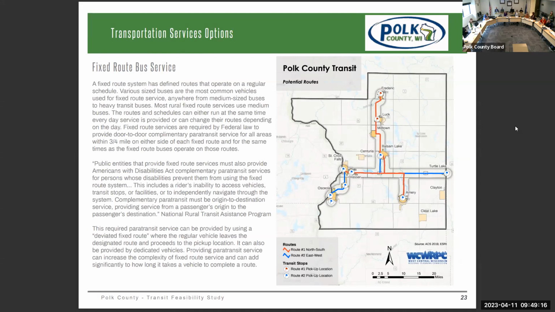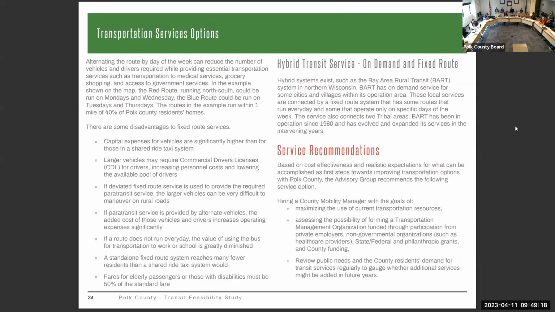So let's see, some of the disadvantages: capital expenses for the vehicles. Larger vehicles may require CDL licenses, commercial driver's licenses. On deviated fixed route, the larger vehicles can be difficult to maneuver on rural roads. If you provide paratransit with alternate vehicles, then you have the cost of those vehicles as well.